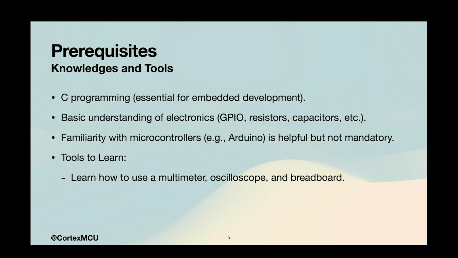Before learning STM32, there are some prerequisites, including knowledge and tools. First, the C programming language is essential for embedded development, because in most cases, we develop embedded software on STM32 by using the C language.